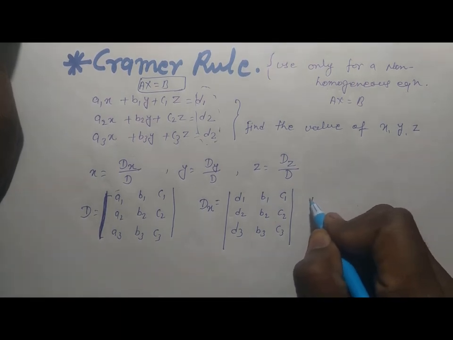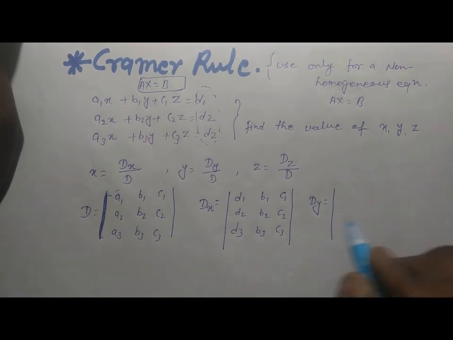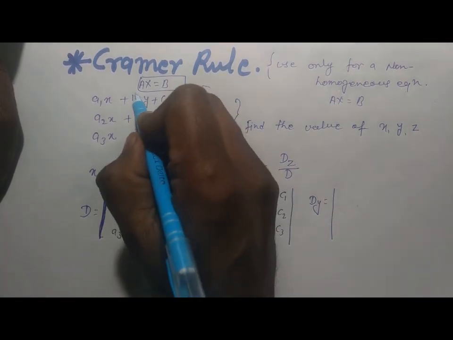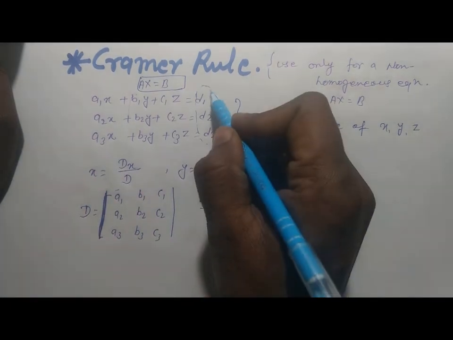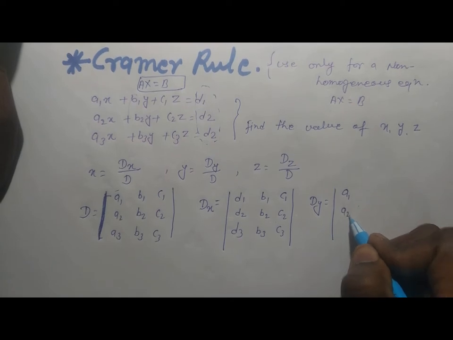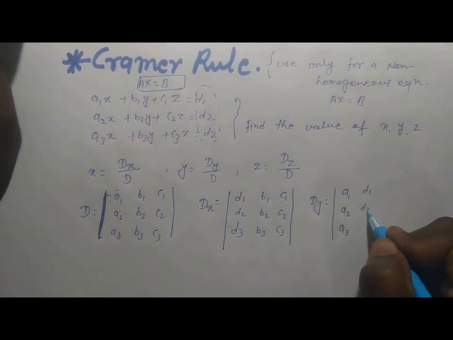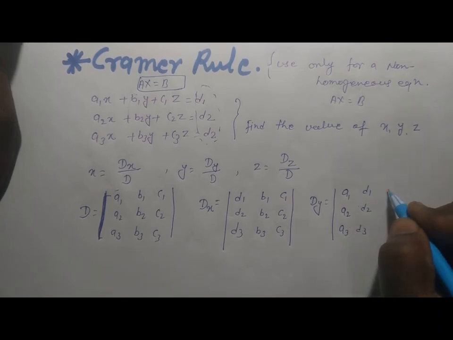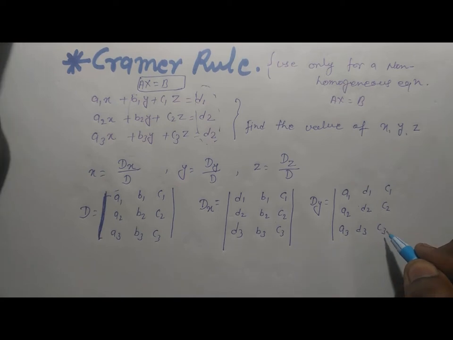Then you can find dy. Simply replace the coefficients of y with the constant values and write the other coefficients of x and z in the same place. Then a1, a2, a3 is the coefficient of x, d1, d2, d3 is the constant value and c1, c2, c3 is the coefficient of z.